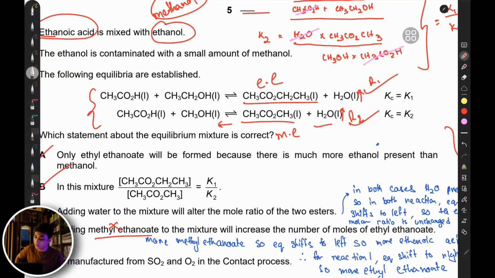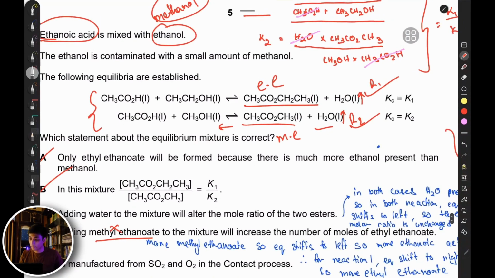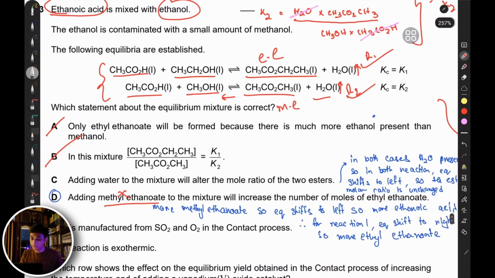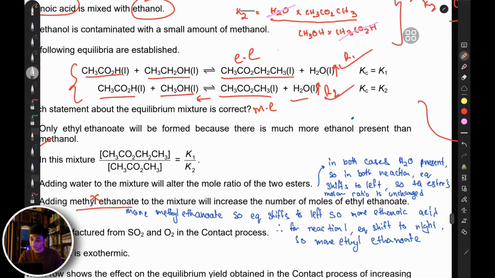So what's going to happen is more of these reactants will be produced for both reaction 1 and reaction 2. If that's the case, will it affect the molar ratio between ethyl ethanoate and methyl ethanoate?